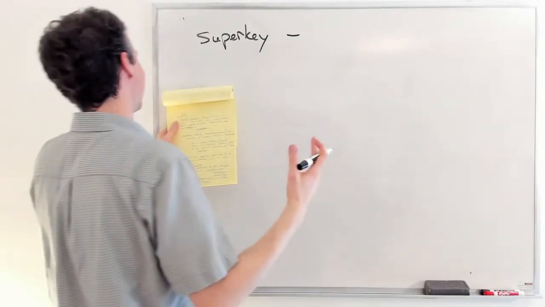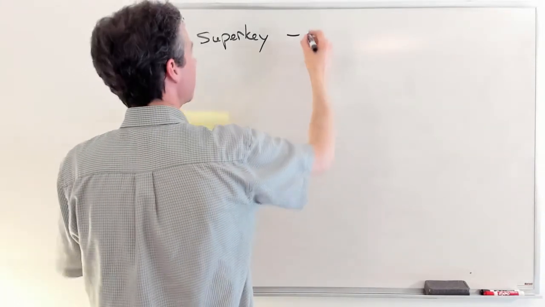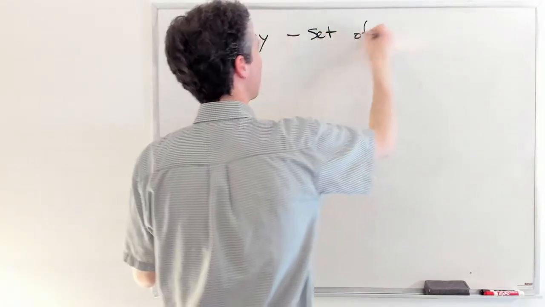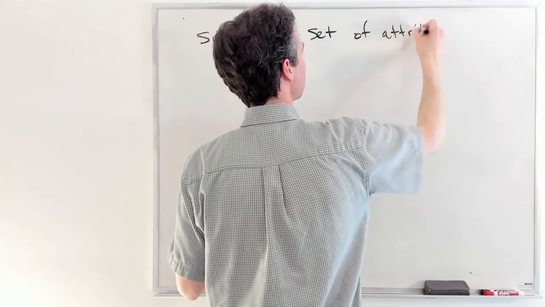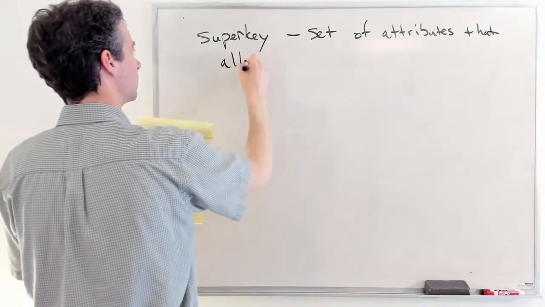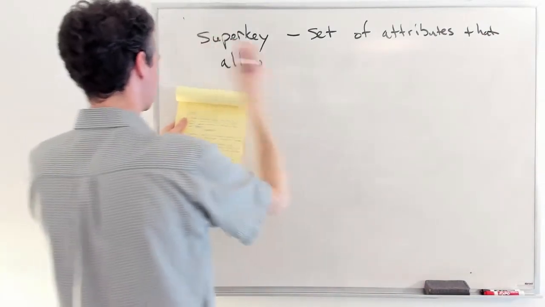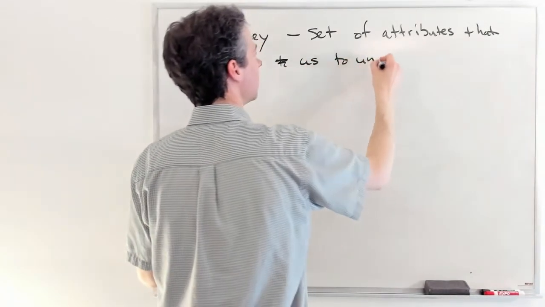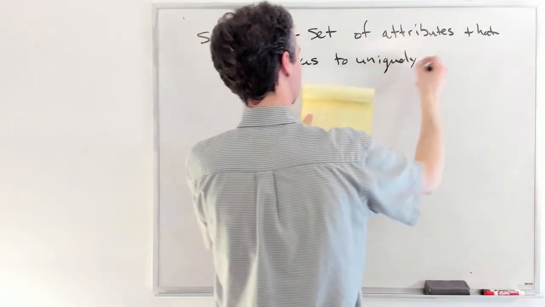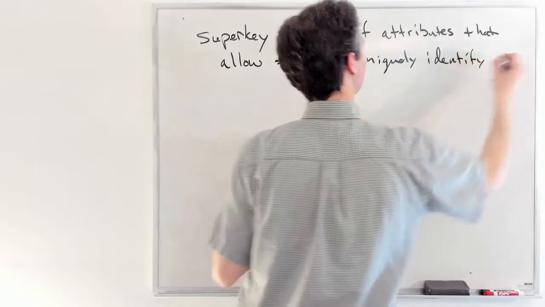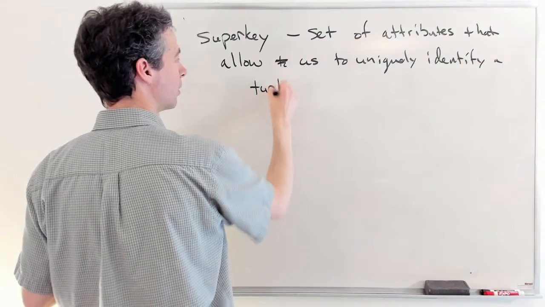Anyways, a super key is a set of attributes, and again, these are the columns, that allow us to uniquely identify a tuple, which is a row.